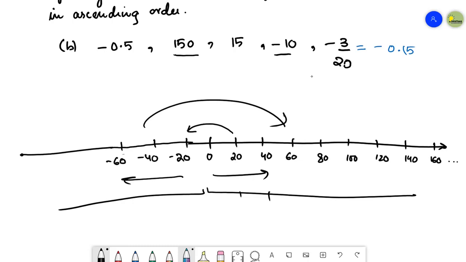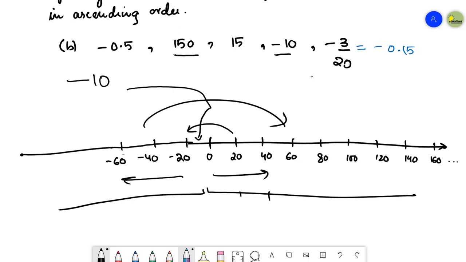Right? Okay, one more thing is that since minus 10 is the most negative value that needs to be plotted, we know that minus 10 is going to come somewhere over here between minus 20 and 0. So we don't need to make a very big number line, or plot a lot of numbers on my left hand side.